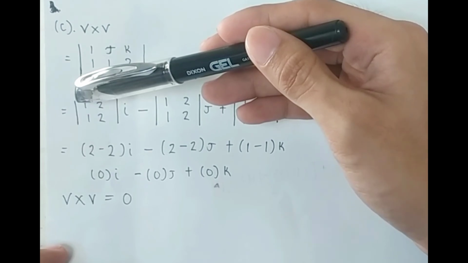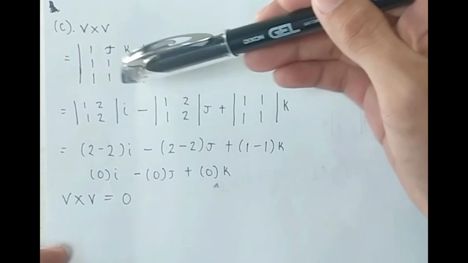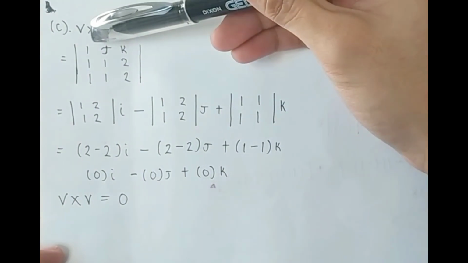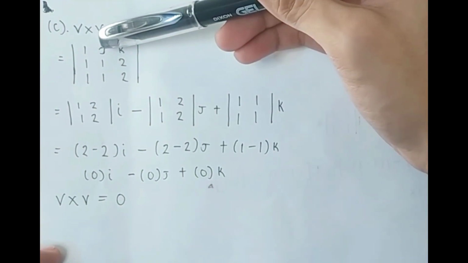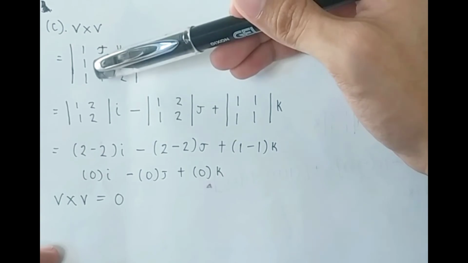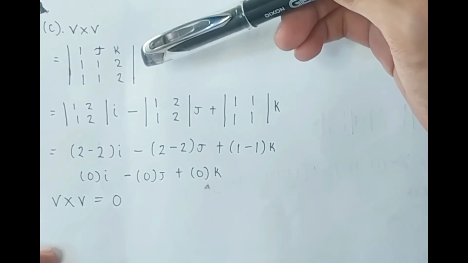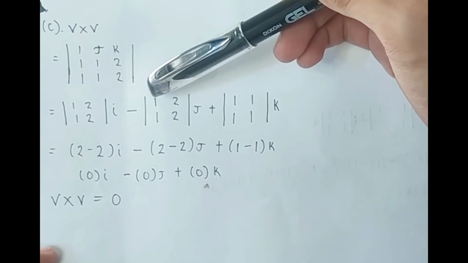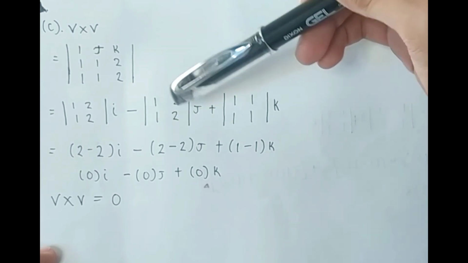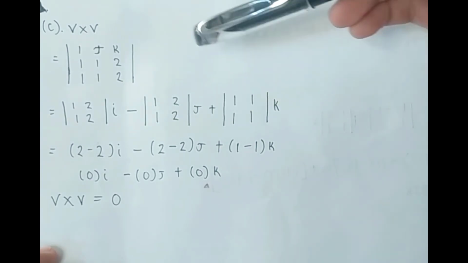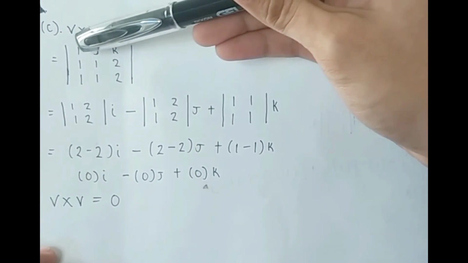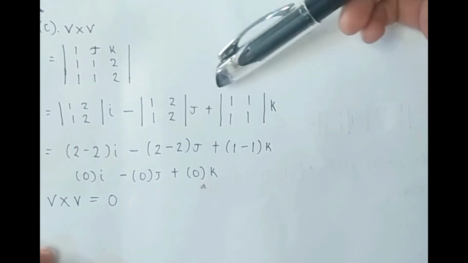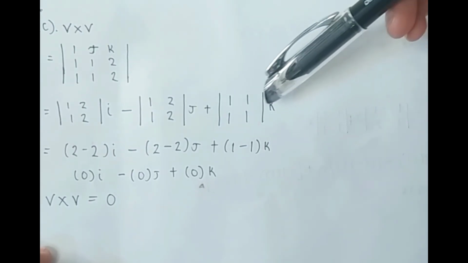So 1, 2, 1, 2, I for I. And we need to remove row 1, column 2 for j. So to get the component, 1, 2, 1, 2, j plus, to get the k, we need to remove row 1, column 3. So 1, 1, 1, 1, k.